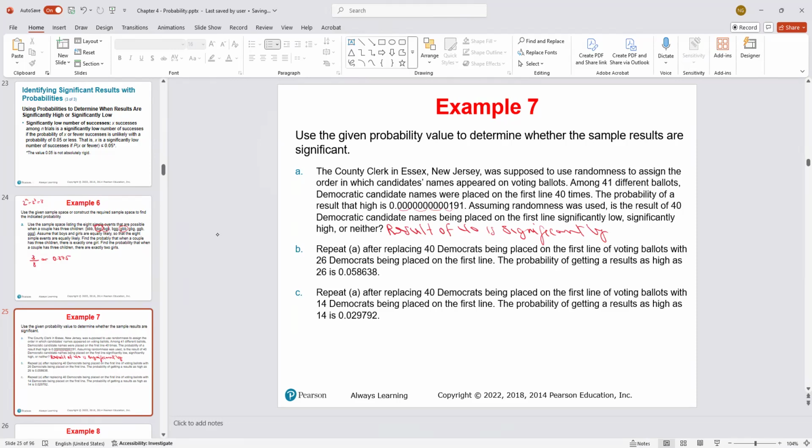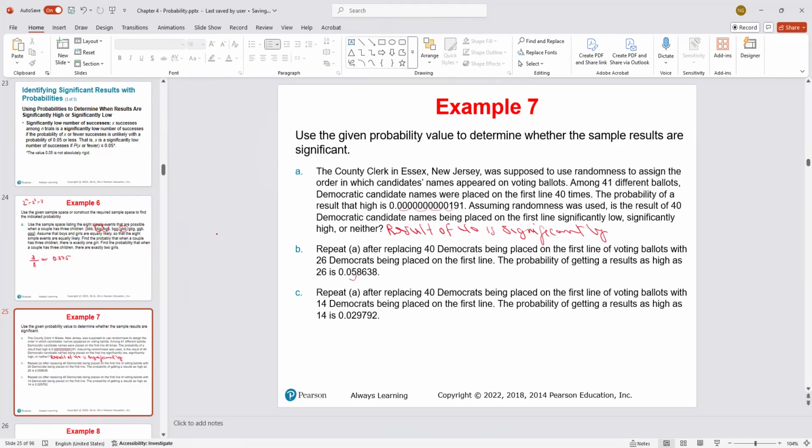Okay. Now they said repeat part A after replacing 40 Democrats being placed on the first line of voting ballots with 26 Democrats being placed on the first ballots. So instead of 40, we have 26. The probability of getting a result as high as 26 is 0.05.